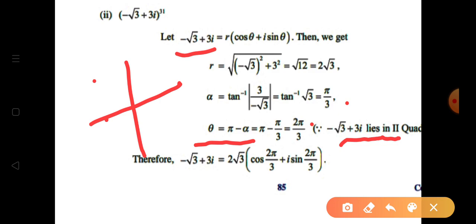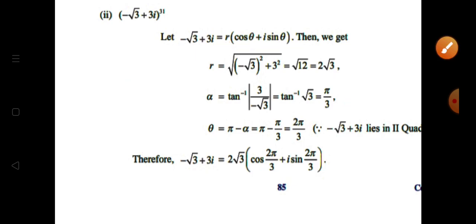Therefore minus root 3 plus 3i is equal to r into cos theta plus i sin theta. We substitute r value 2 root 3 and theta value 2 pi by 3. So minus root 3 plus 3i equals 2 root 3 into cos 2 pi by 3 plus i sin 2 pi by 3.